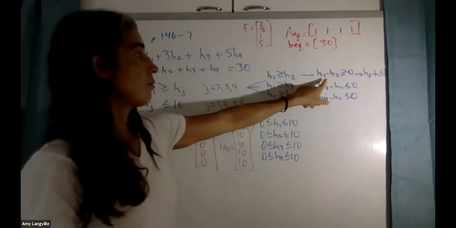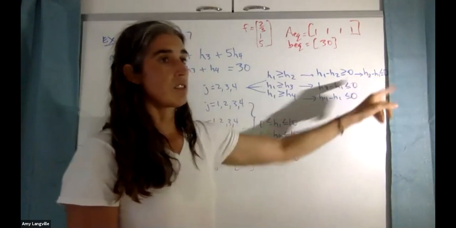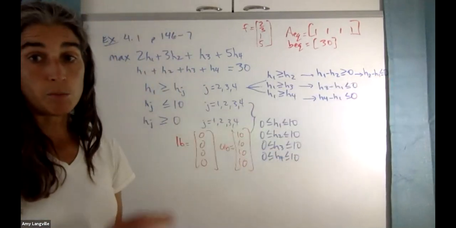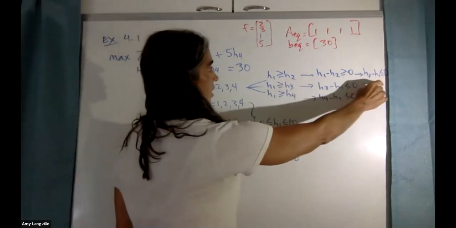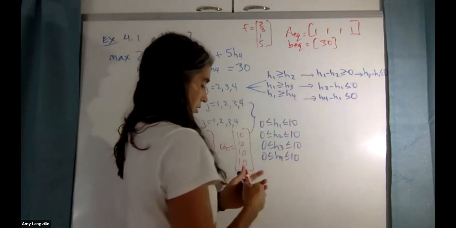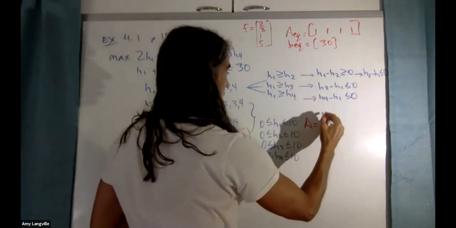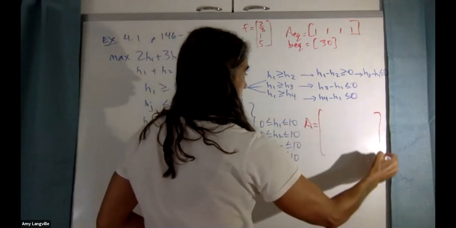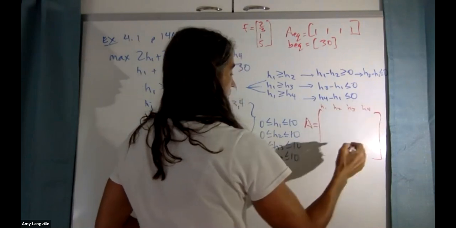This one says H1 minus H2 is greater than 0, but I flipped that around because the software requires that they all be less than or equal to inequalities. So it's easy to just turn it around, negate this, turns the sign around, makes 0. Same thing happens here. So these 3 constraints combine to make an A matrix, which will have 3 rows and 4 columns, H1, H2, H3, H4.